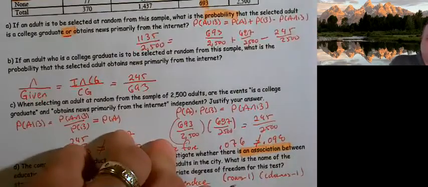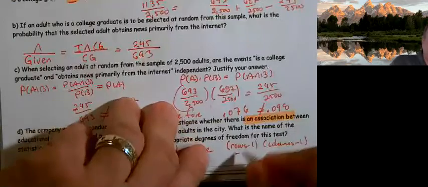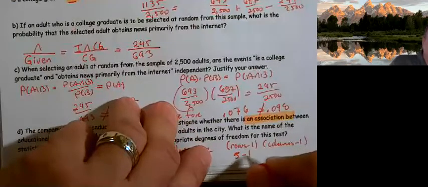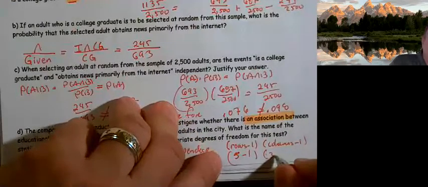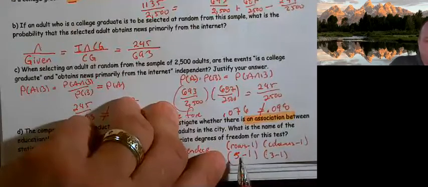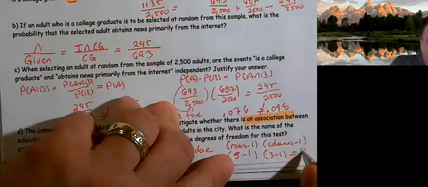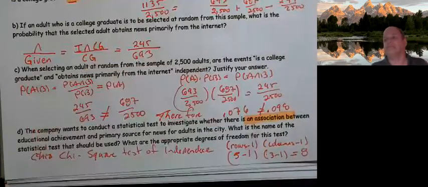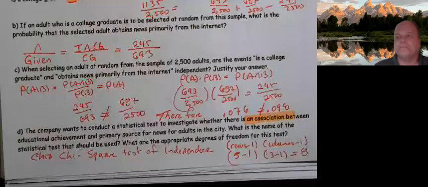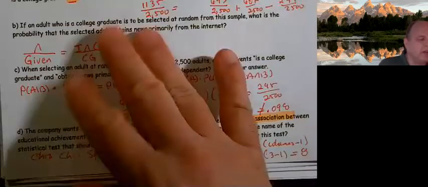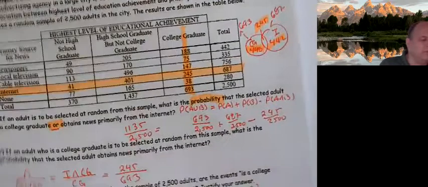So scoot up just a little bit farther. 5 minus 1 times 3 minus 1. Using advanced mathematics, I get 4 times 2, which equals 8. Okay?